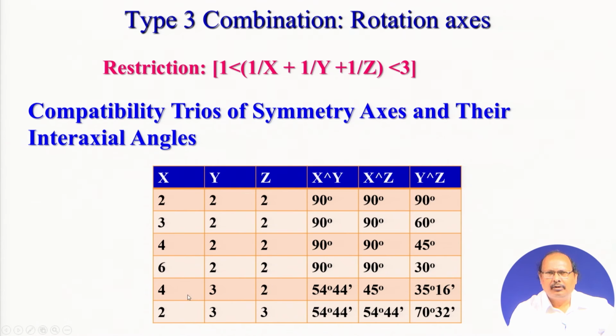The angle between the four-fold axis and the three-fold axis is 54 degrees 44 minutes, whereas the angle between the four-fold axis and the two-fold axis is 45 degrees, and the angle between the three-fold axis and the two-fold axis is 35 degrees 16 minutes. And the final combination possible is 2, 3, 3, with 54 degrees 44 minutes between 2 and 3 and 2 and 3, and the angle between the three-fold axes is double this, 70 degrees 32 minutes.